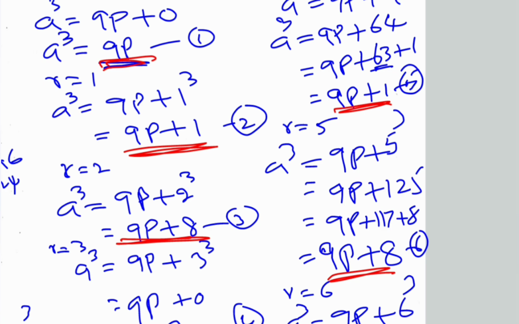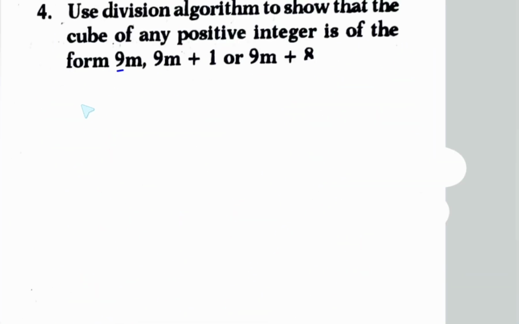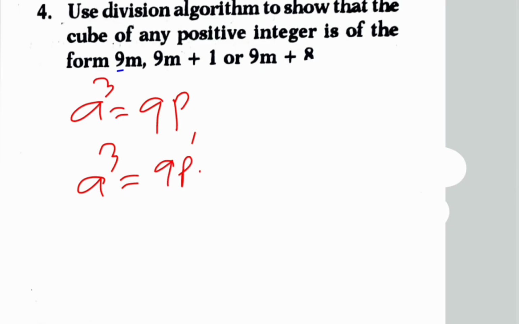So we are getting a cube is equal to 9p, another one is a cube is equal to 9p plus 1, and a cube is equal to 9p plus 8.